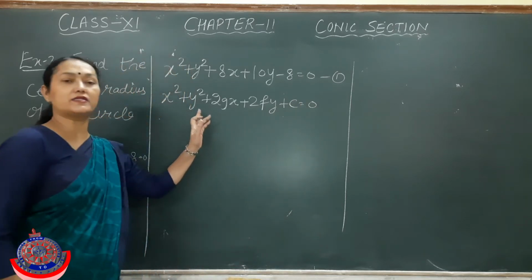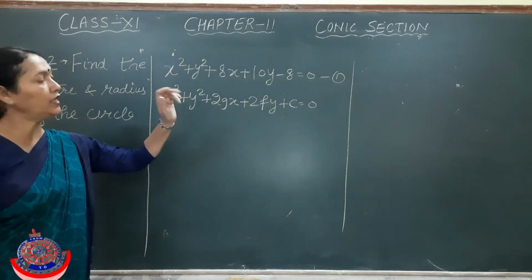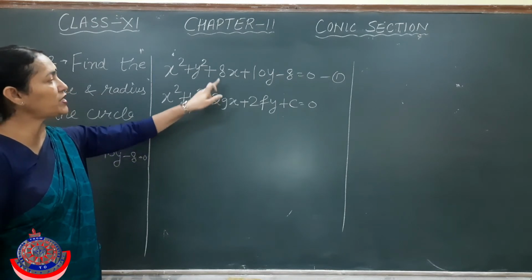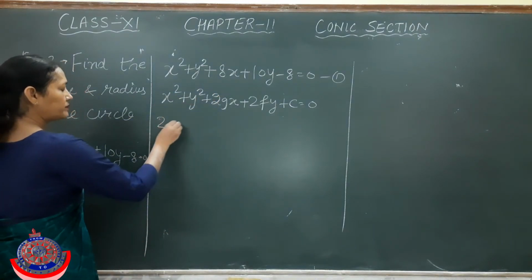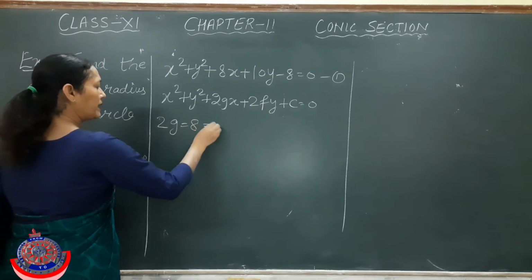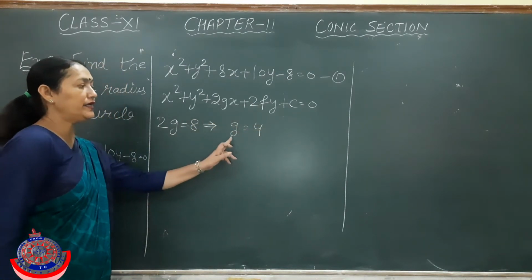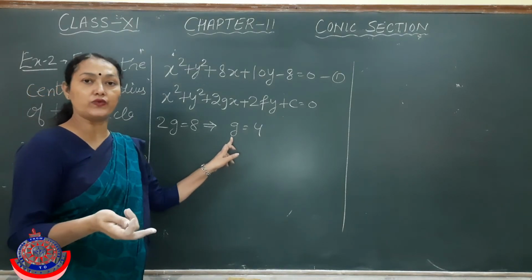This we have learned is the general equation of the circle. If we compare your given equation with this general form, 2g equals to 8, implies g equals to 4, and negative of g we have learned is equal to h.